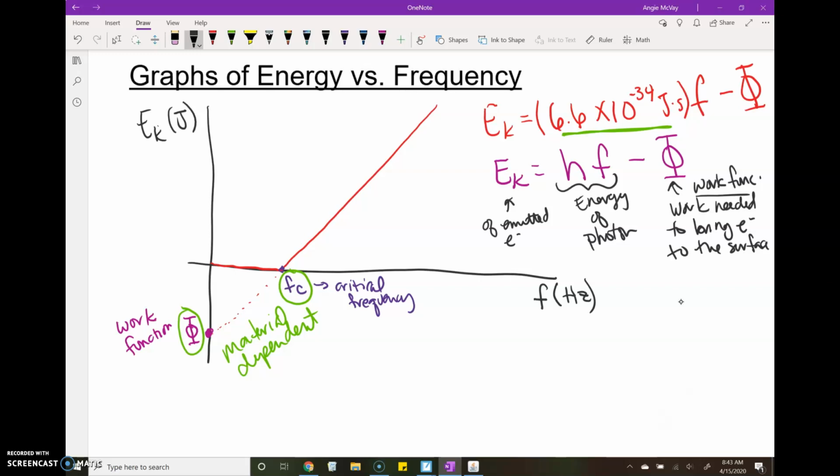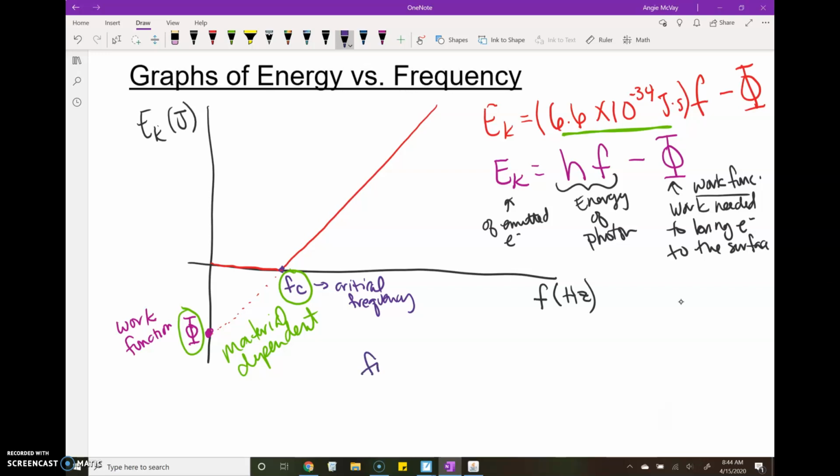There are specific frequencies at which electrons are emitted from the photo surface, and there's a critical frequency at which this starts to happen.